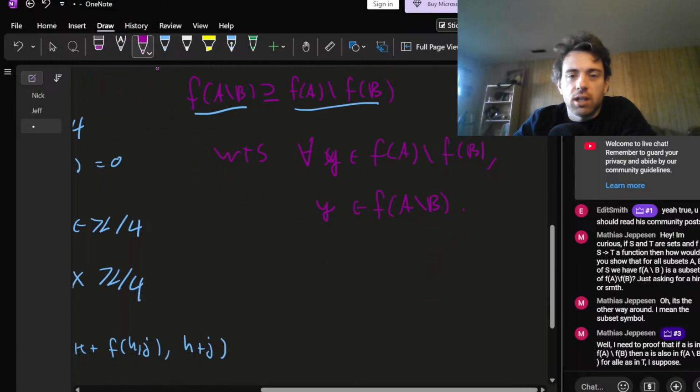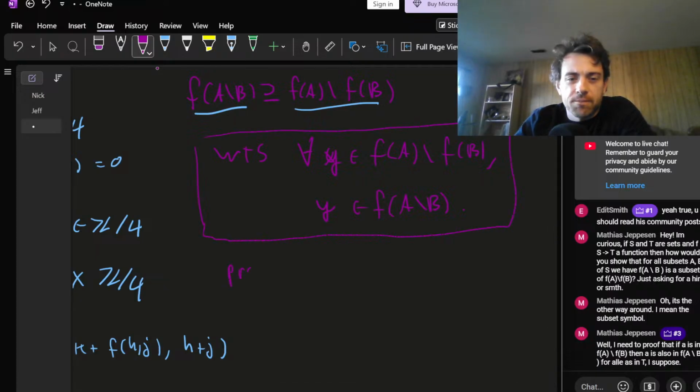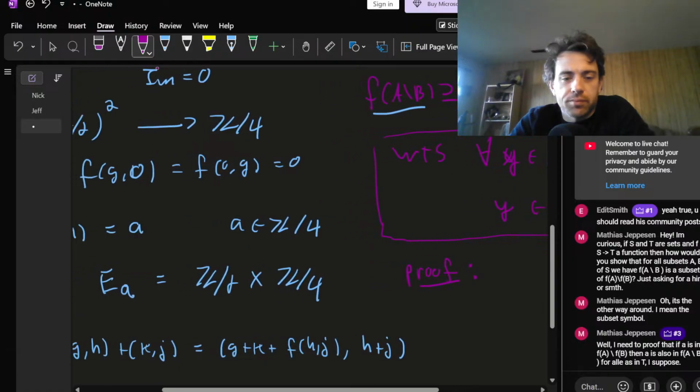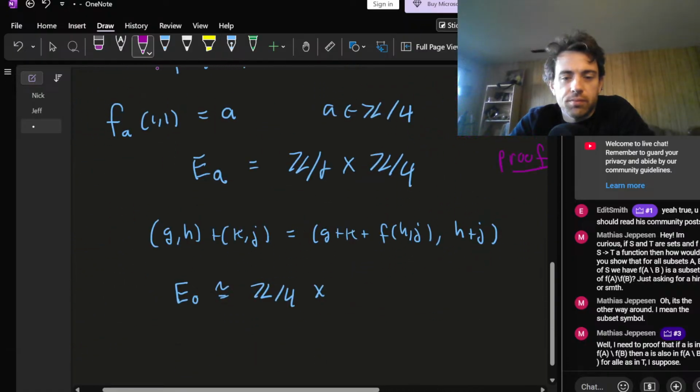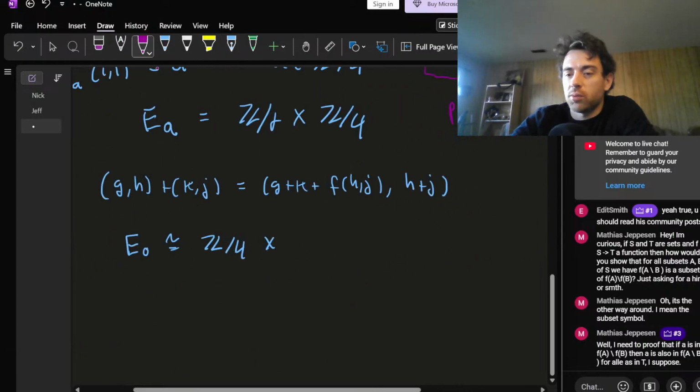So how do you begin that proof? How do you begin a for all statement proof? Tell me in the comments how you begin that proof.